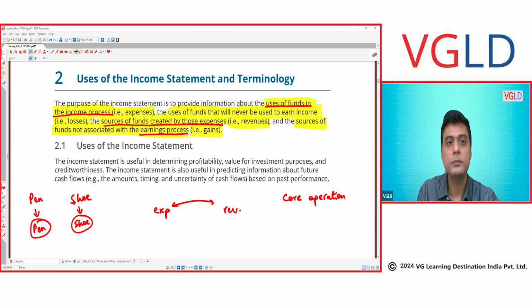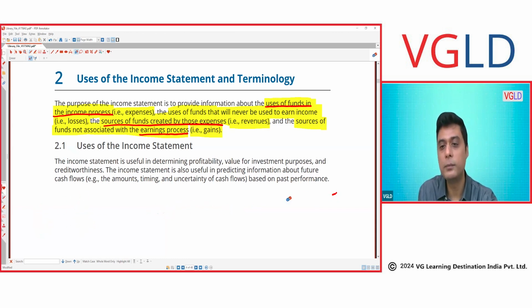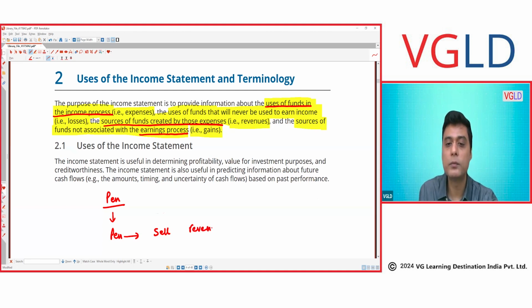Now see, if you are a pen manufacturing company, then manufacturing and selling of pens is your core operation. When you sell a pen, you are going to show it as revenue. But let's say you sell a table, which is a piece of furniture, and there is a gain on the sale of that table, you are going to show it under gains.